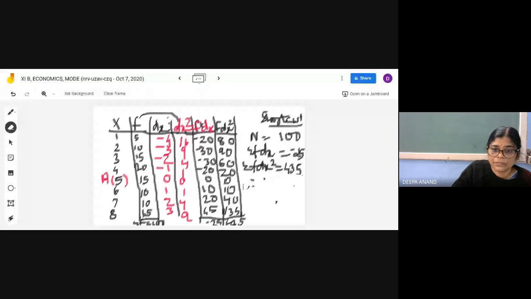Remember the formula, and the formula will guide you to do the quotient, because whatever you want, according to the formula you have to find out.